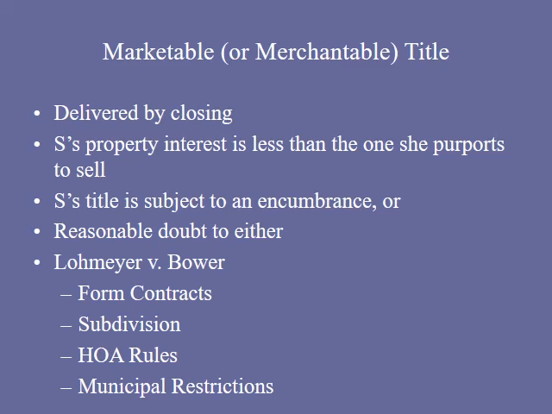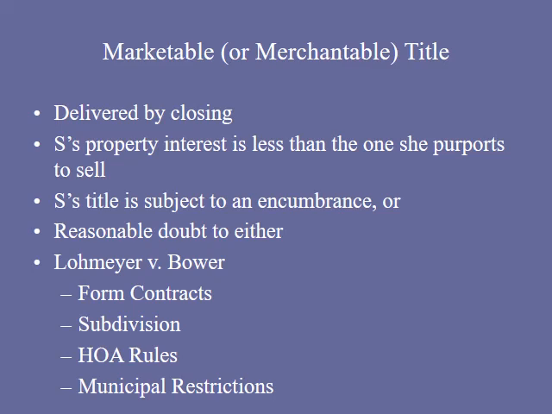So an encumbrance is an easement, or that might even include homeowners association regulations that apply to the property, but it does not include governmental regulations or zoning as to what you can do with the property.